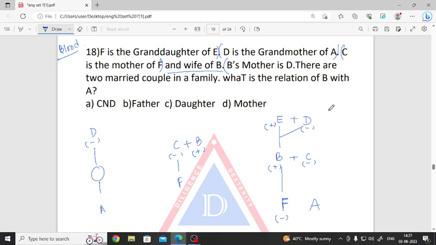See, one married couple, two married couples. That means F and A are brother and sister, or sisters. We don't know the gender of A, and it can be a son or a daughter of B and C. Right? A can be male or A can be female. We don't know. So this is the diagram.